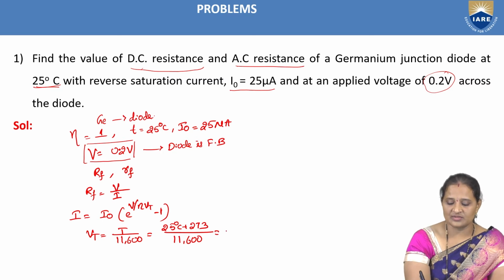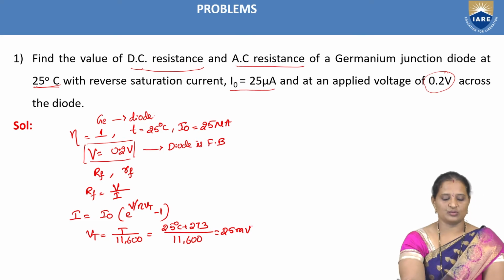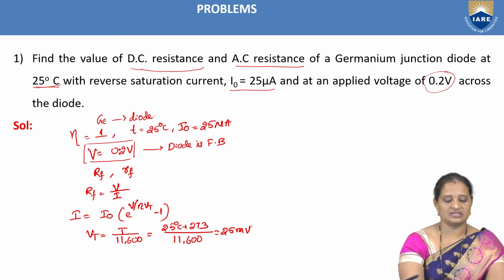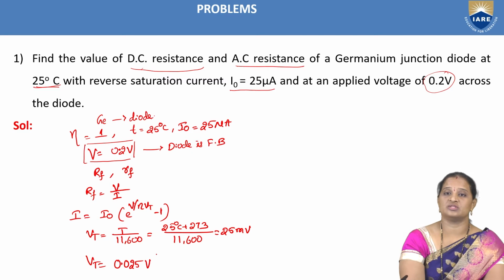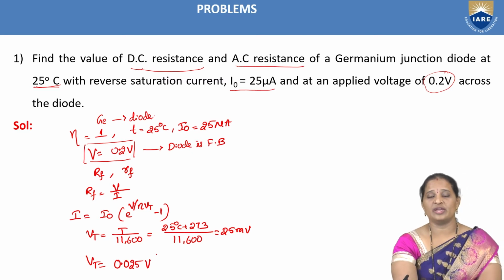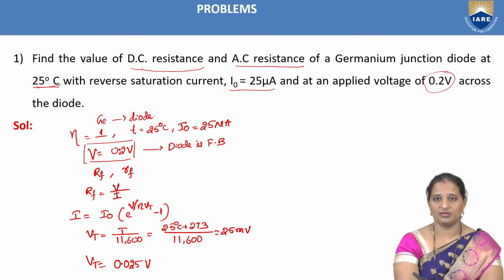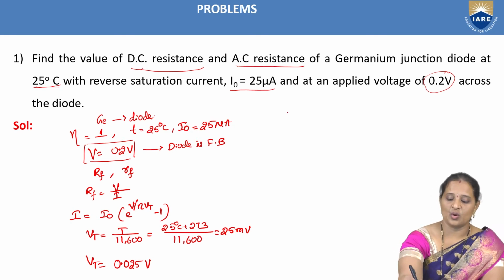If you calculate this value, you will get 25 millivolts, or else we can also say that Vt is 0.025 volts. What is Vt? Volt equivalent of temperature, and the unit for this Vt is also volts.